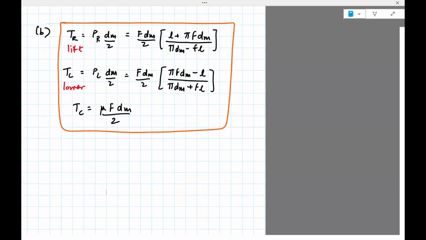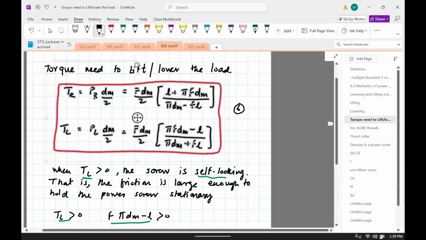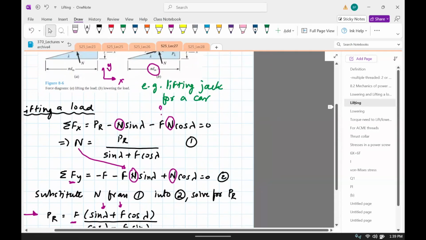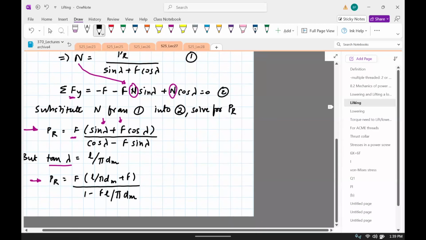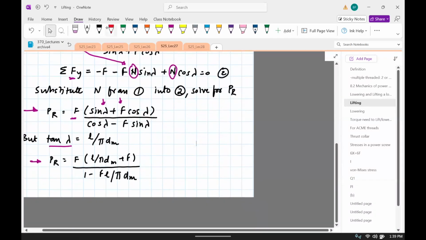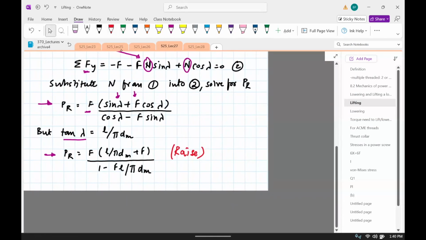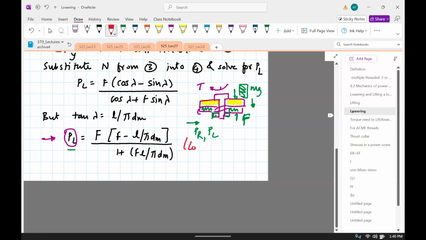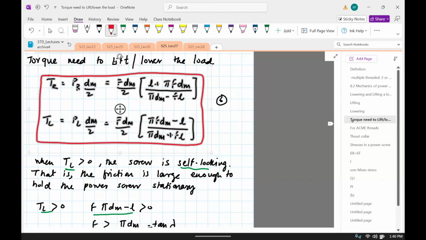Let me quickly check the book. TR raise the load, TL lower the load. Okay, so the better way to remember is raise and lower. Did I make a mistake here? Let me check. So this is raise, so raise is R, and then lowering, the L. So where is the problem?